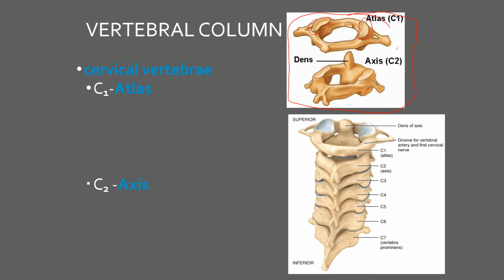So if you remember where the vertebrae sit underneath the skull, remember we looked at the occipital bone, and the occipital bone had that giant foramen magnum in it for the spinal cord to come through. And then on each side, we had occipital condyles. And the occipital condyles, remember I told you, articulate with the facets on the C1 vertebra and allow you to nod your head up and down.